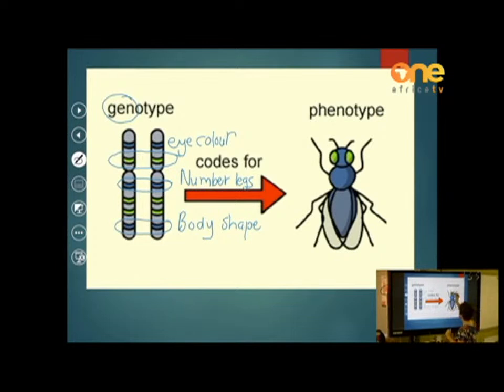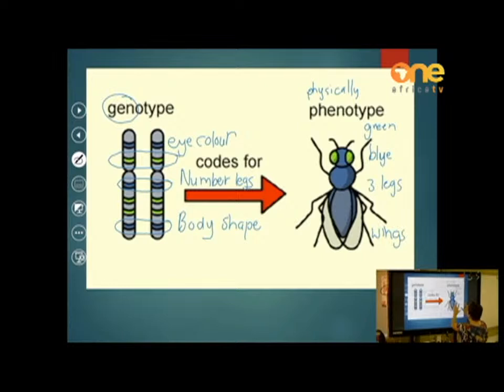But the phenotype is what I can physically recognize about this organism. I can say it has green eyes. You agree? It has a blue body. It has 3 legs and it has wings.